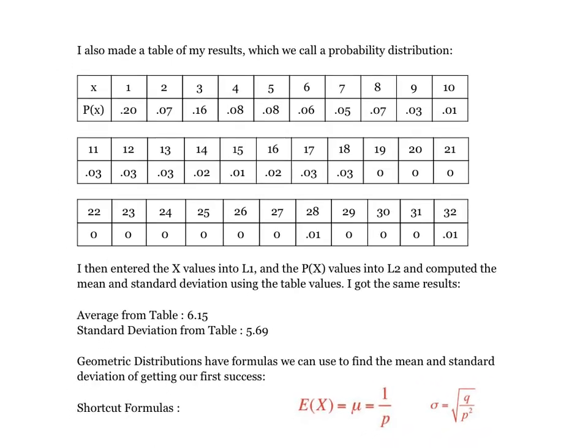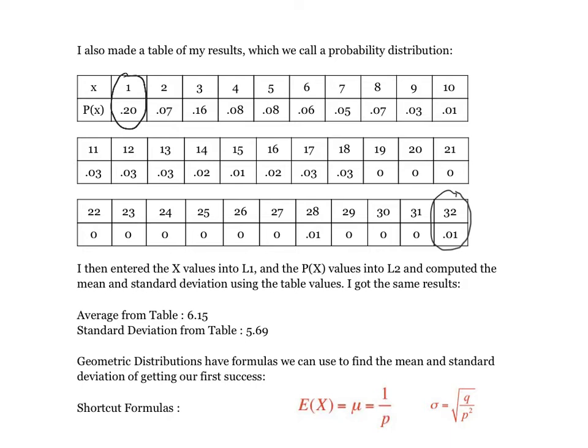Now, I also made a table of my results from my 100 rolls. You can see this table gets pretty long because at one point it took me 32 rolls to get a 1. Now all these percentages, because I did it 100 times, really stand for how many times it actually happened. So like 20 times out of 100, I got it on the first roll, et cetera.